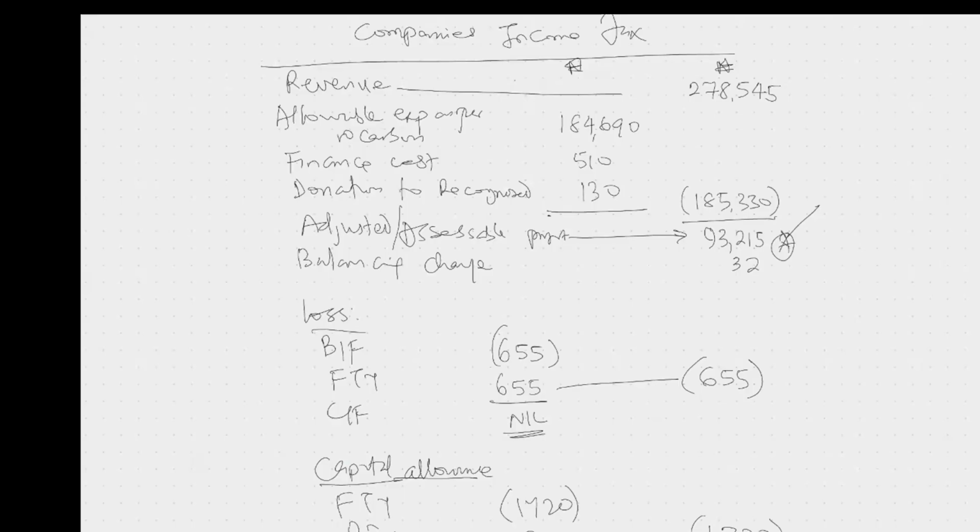When you are using the revenue approach, you will not consider anything non-allowable. So depreciation is not allowable. What we are considering here is allowable expenses. So that is why I did not consider depreciation at all.